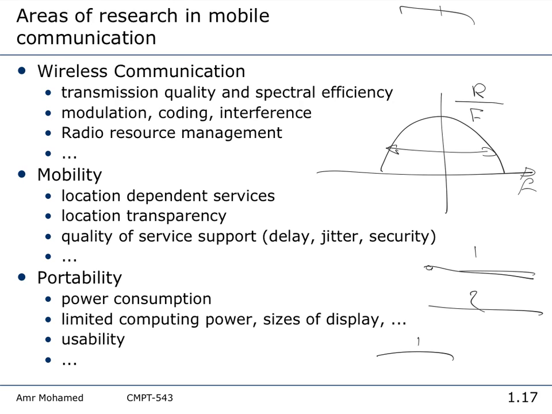Again, this is part of radio resource management as well. So we can talk about sleep modes as part of radio resource management. We can control when to sleep and when to wake up. We can also reduce the spectrum at a certain point. When we reduce the spectrum, we reduce the energy. So instead of using this range, we can use a smaller range, and when we use a smaller range, we save energy.